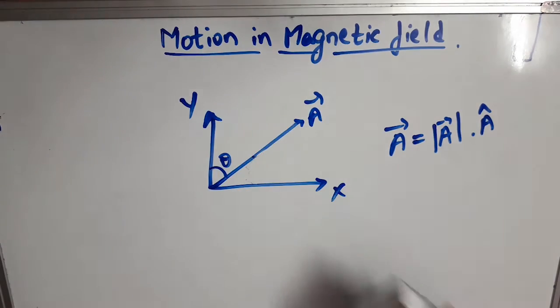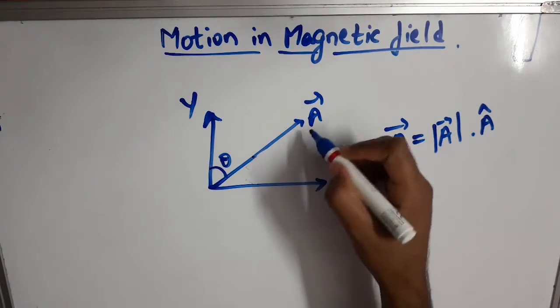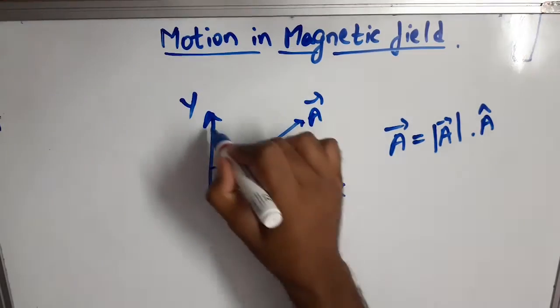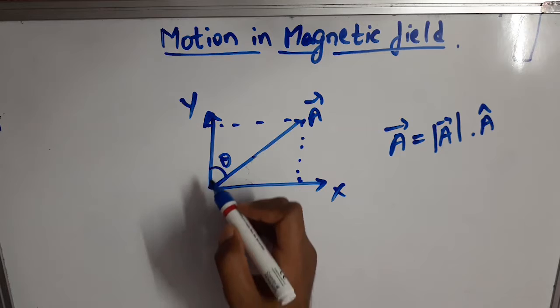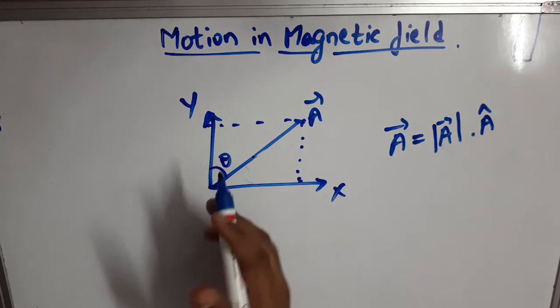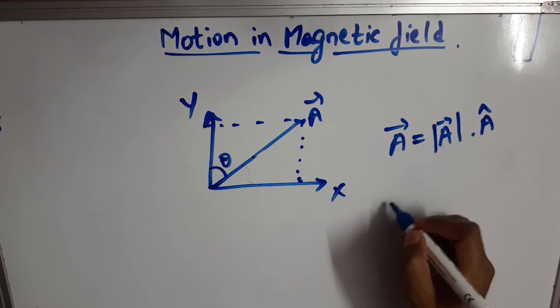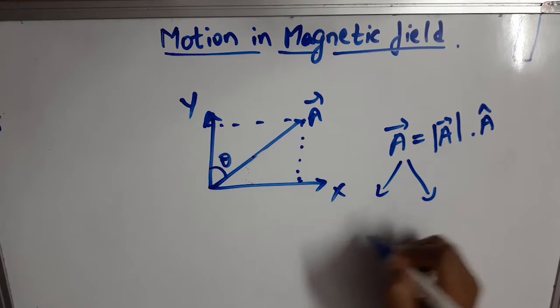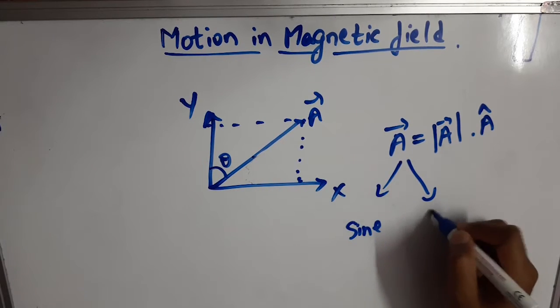In which case this vector can be split into two components, called the sine component and the cos component.